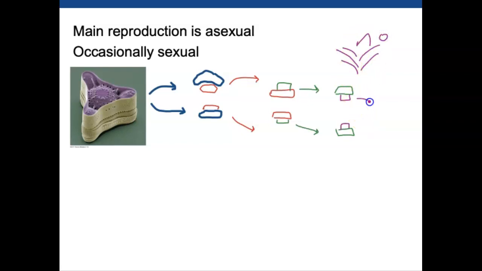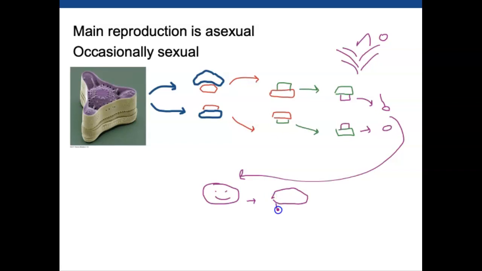And what it will do in a following generation is it will produce gametes that will fuse together to create a single cell, diploid, full genetic material, that will grow back to the original size of the original diatom that you started with back up here. And then the process repeats itself.